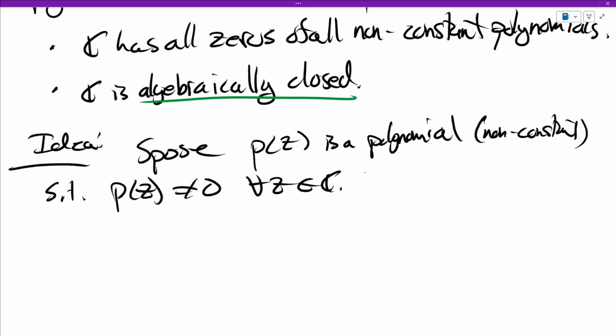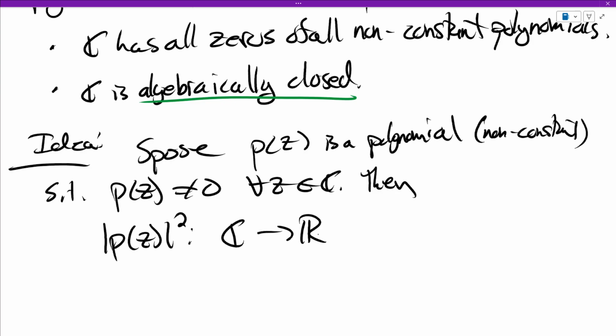Then what? Well, then the modulus of P of z squared we can view as a function from C to R. And since it's never 0, we can deduce that it has a non-zero lower bound, and in particular a positive lower bound.